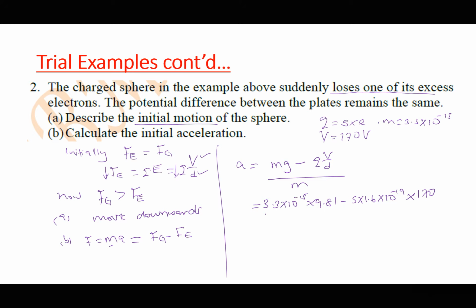This is divided by d, which was 5 times 10 power negative 3. Then divide by m, which is 3.3 times 10 power negative 15. So we press our calculator.